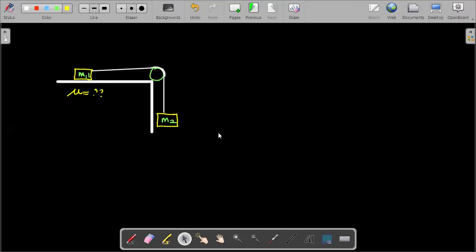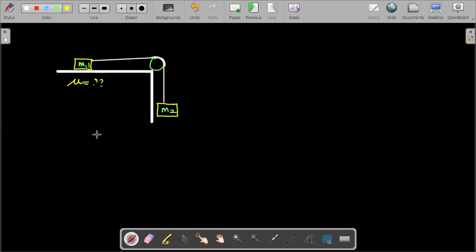First, before we delve deep into this, let's look at some foundational concepts that need to be very clear. When we have a surface and we have an object sitting conveniently on that surface, of course, we know the weight of the mass. Let's say the object is of mass m.